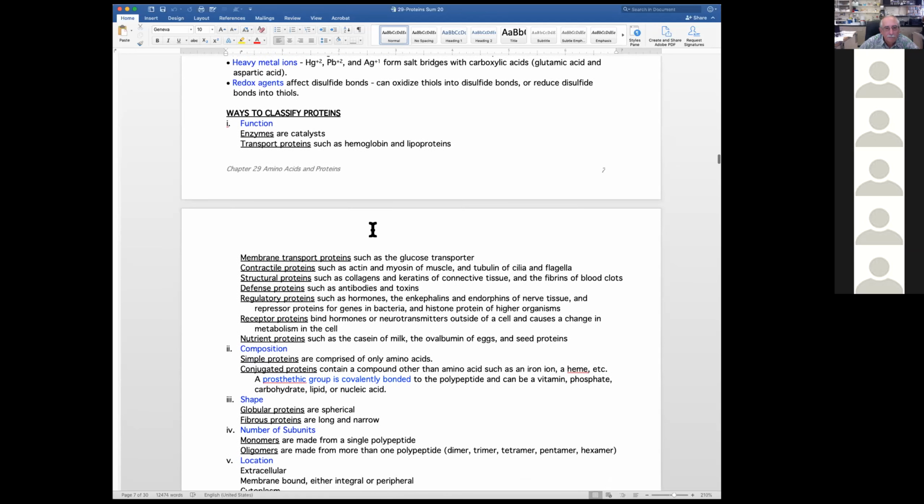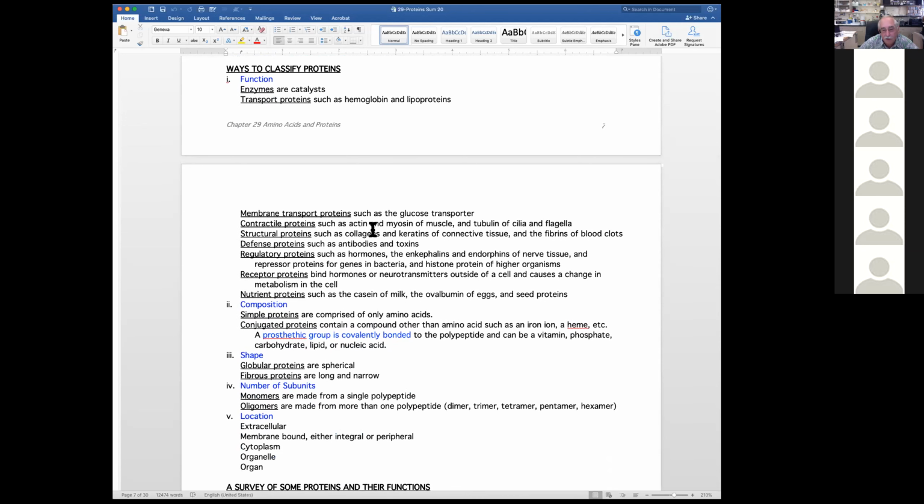So how do we classify proteins? Well, one is by their functions. Okay, so we got enzymes such as catalase, transport proteins such as hemoglobin, lipoproteins, membrane transport proteins such as the glucose transporter that brings glucose in and out of the cell, contractile proteins, structural proteins, defense proteins, regulatory proteins, receptor proteins, nutrient proteins.